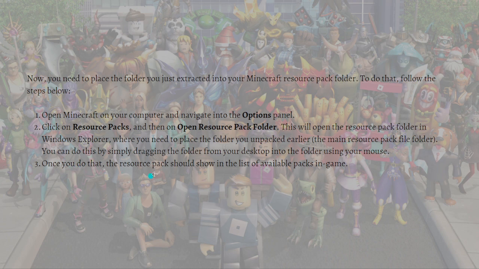You can do this by simply dragging the folder from your desktop into the folder using your mouse. Once you do that, the resource pack should show in the list of available packs in the game. If this process is still not clear to you, you can go ahead and pause this video or go back to the video and follow the fix again at your own time.